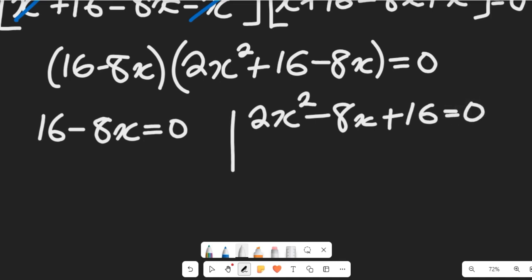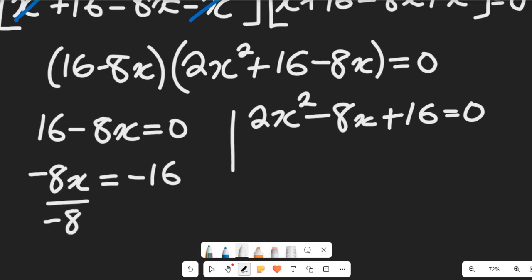From the left-hand side expression, we can simplify for the value of x. Minus 8x will be equal to negative 16, right? Divide both sides by negative 8.